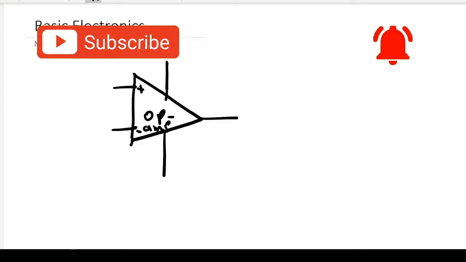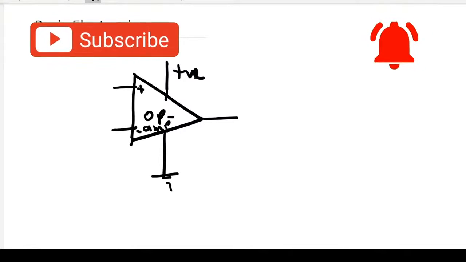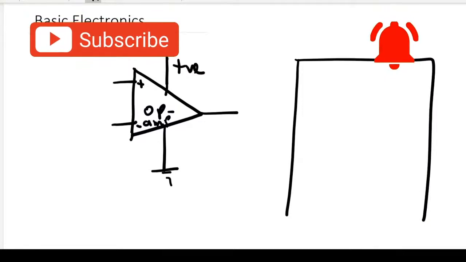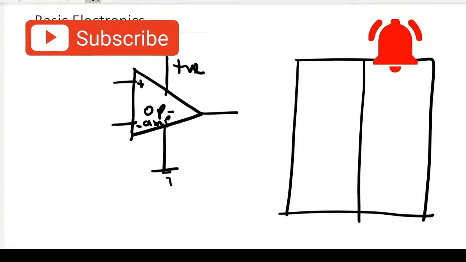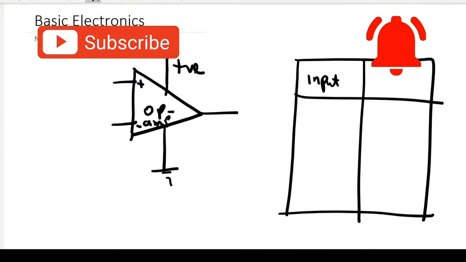So for a comparator, if you look at an op amp, it has two inputs, the non-inverting and the inverting. Then this is the output. Let's say this is a power supply. Let's use this table to guide. So this is input and this is output.